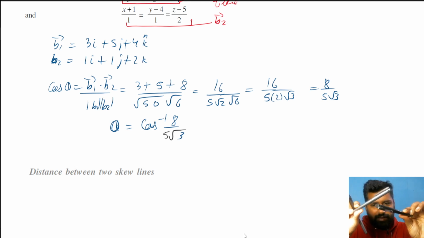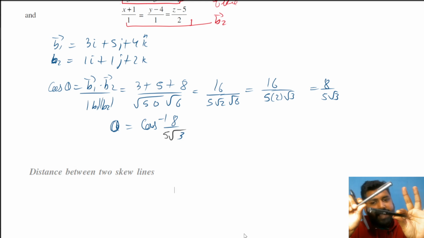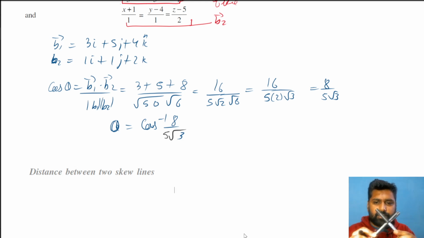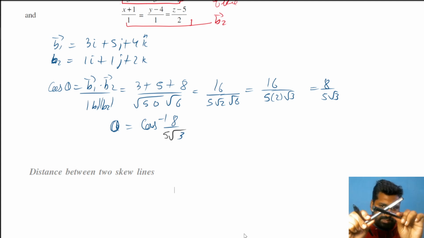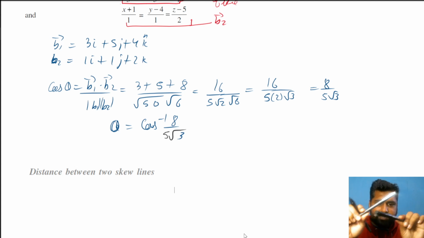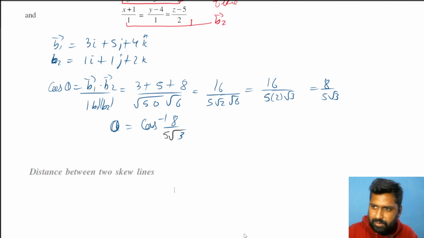So they are not parallel, and they are not intersecting. Now these kinds of lines are called skew lines, and this happens only in 3D. In 2D, if two lines are at some angle, they will always intersect. But see this, I have displaced it above. Now they will never intersect, and they are not parallel also. These lines are called skew lines, and we have to calculate the distance between them.